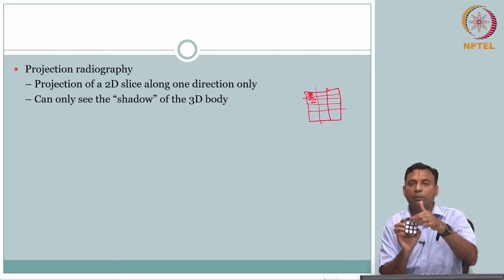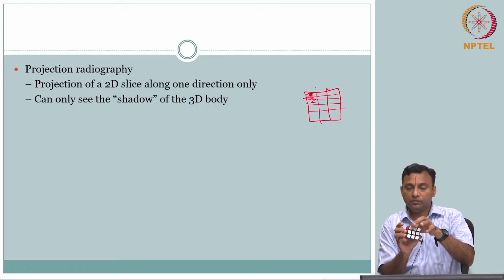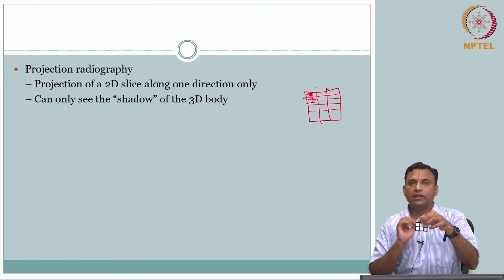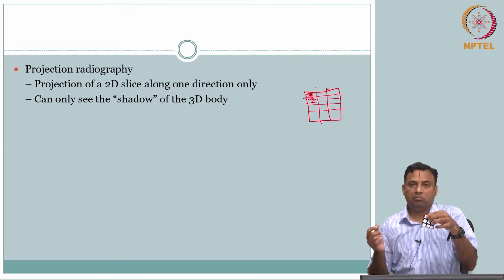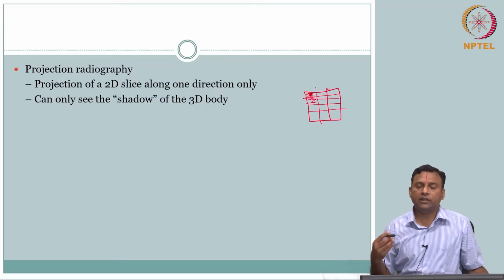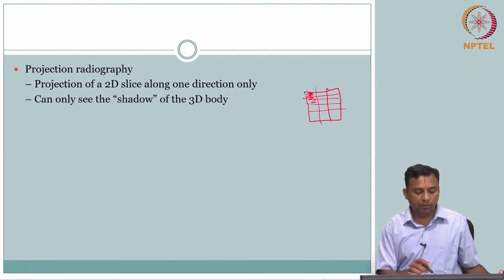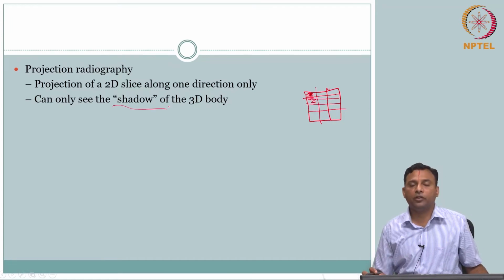Even though I couldn't tell apart the front cube color from the back cube color, so I couldn't tell what is in the front or what is in the back, that was sufficient. So a lot of developments and applications took place, but one of the fundamental limitations was you ended up seeing only a shadow of the 3D object.